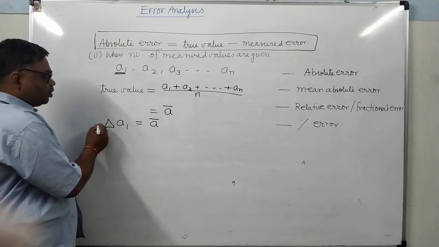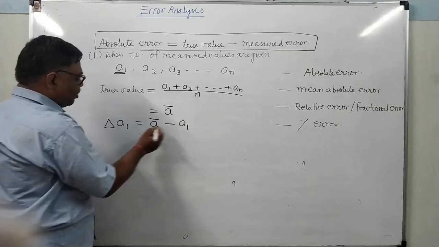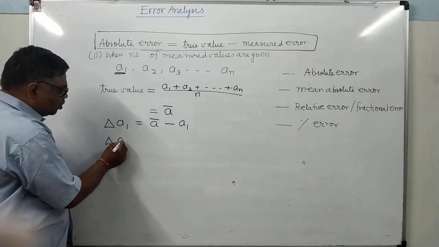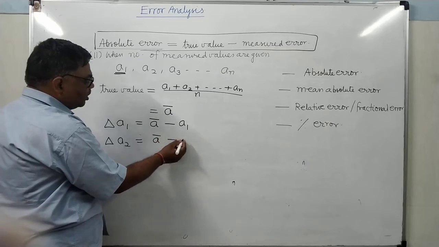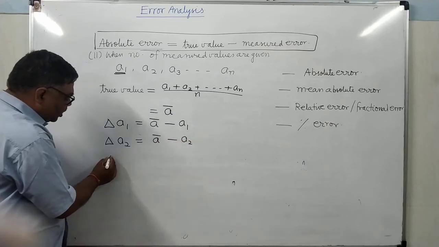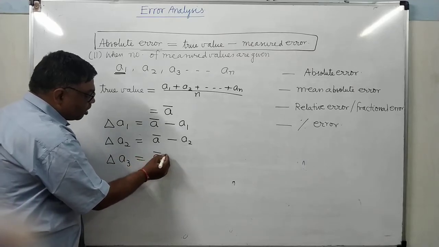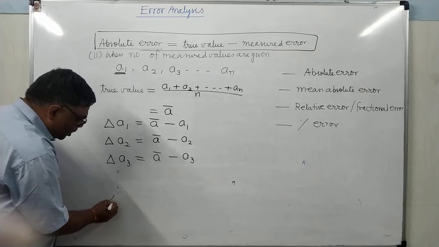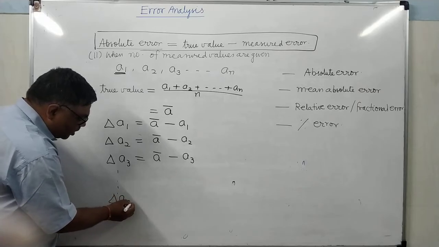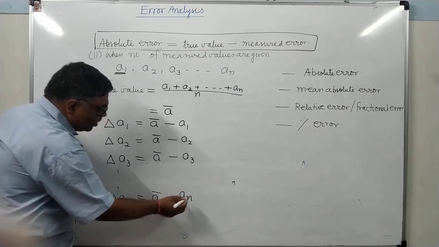So the absolute error in the measurement of A1, delta A1, is A bar minus A1. Delta A2, the absolute error in the measurement of A2, is A bar minus A2. Delta A3 equals A bar minus A3, and so on. What is delta An? It will be equal to A bar minus An.